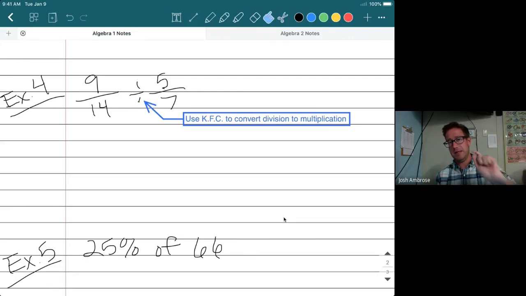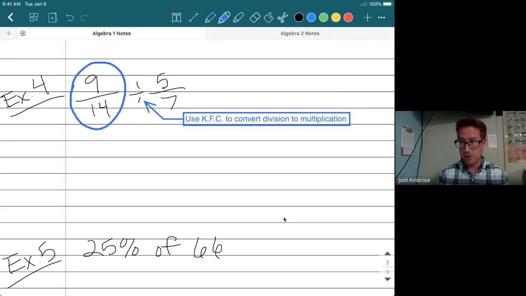All right, again, K, keep, F is flip, and C is change. And what I mean by that is we will keep the first fraction, we will flip the second fraction, and we will change the division to a multiplication. So let's keep the first, flip the second, change division to multiplication.